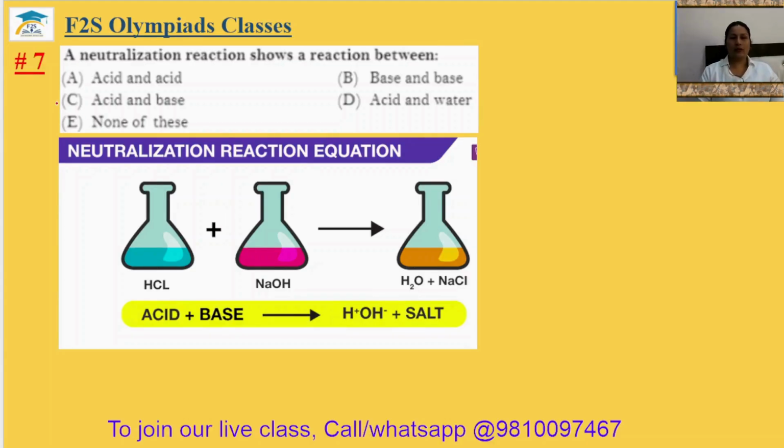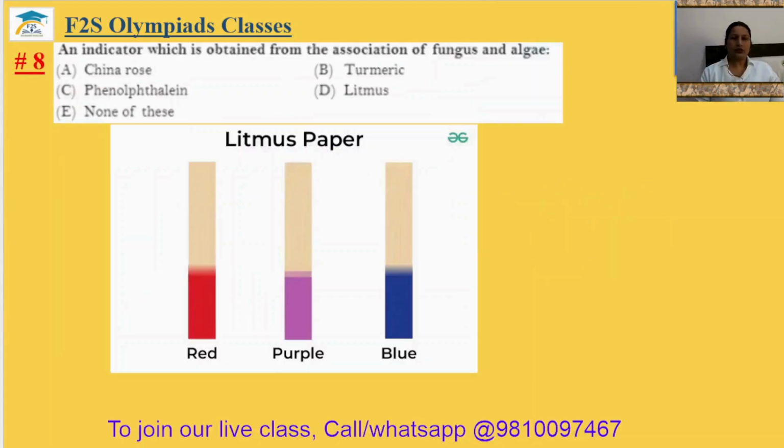So you can say acid and base. The seventh answer will be option C. Question number 8. An indicator which is obtained from the association of fungus and algae. So fungus and algae make the litmus paper. So the eighth answer will be option D.